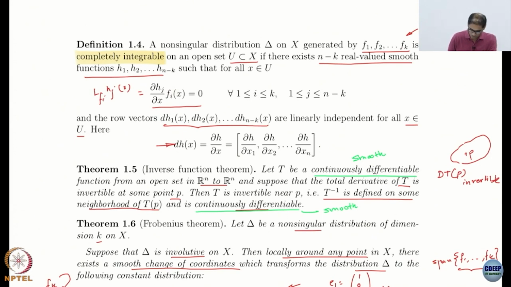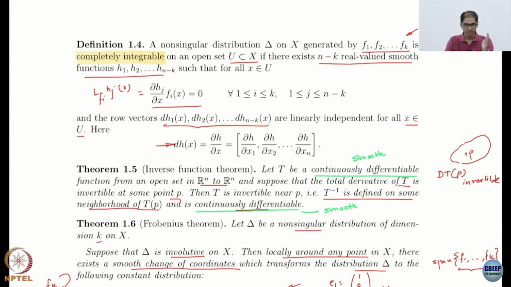So this is the annihilating vector. And further, we want these dH, a notation we have already defined, to be linearly independent, okay.